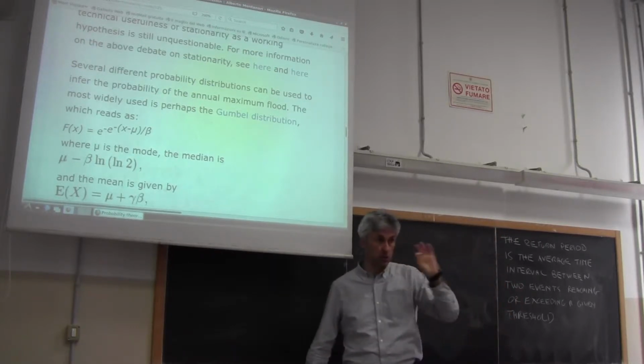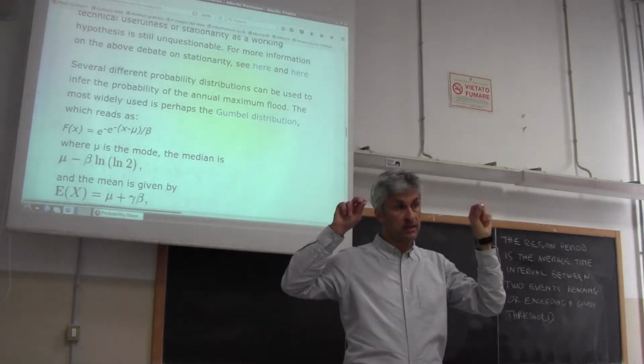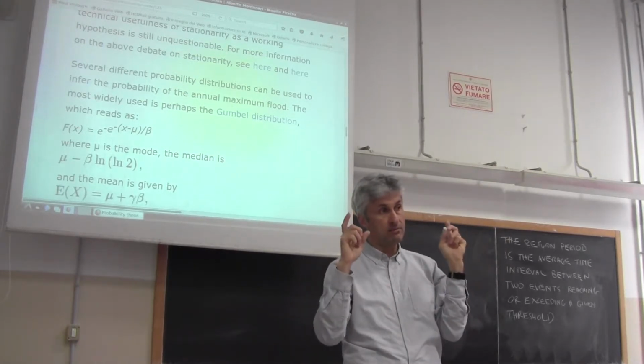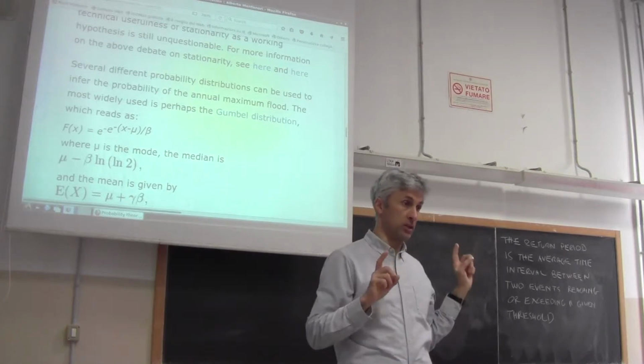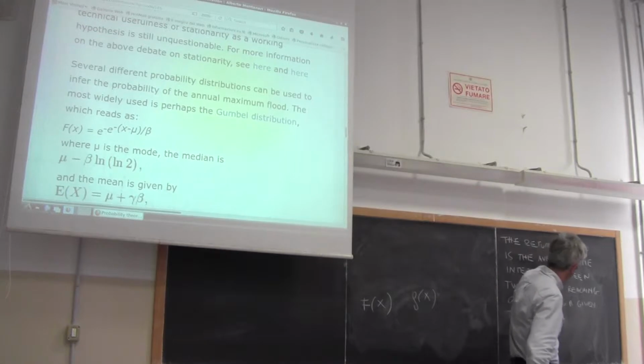So we fix a threshold for river flow, and then we look at the events that reach or exceed that threshold, and we look at the time distance between them. And we compute the average time. Don't forget to say average.